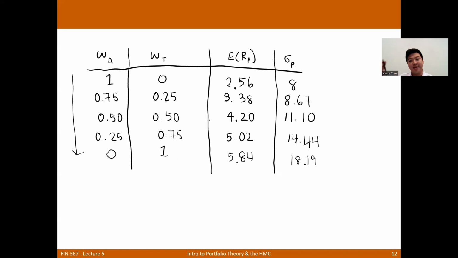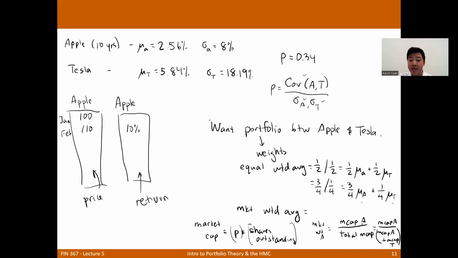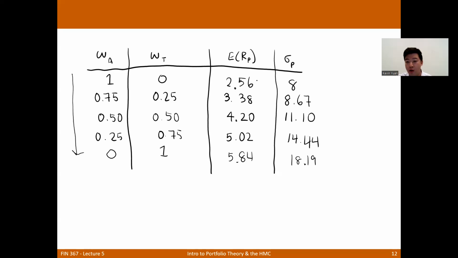We're loading more into Tesla and less into Apple, and as a result, the expected return of our portfolio is growing. Well, it's got to make sense, right? Because Tesla has a higher average return. And if you're loading into something that has a higher average return, it would make sense that your portfolio would also behave like that asset you're going into, right? We're going towards an asset that has historically done better than the other asset. So as we get more of that asset, of course, our expected return should also increase.